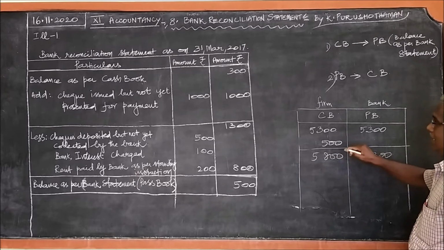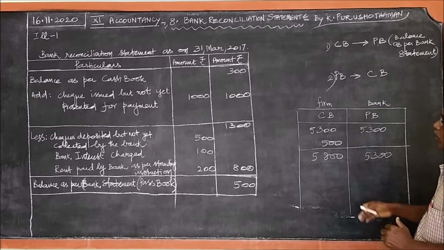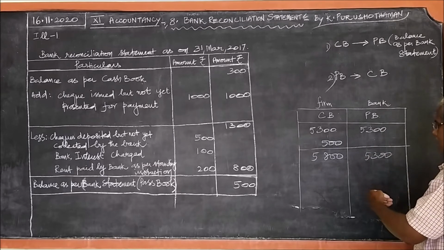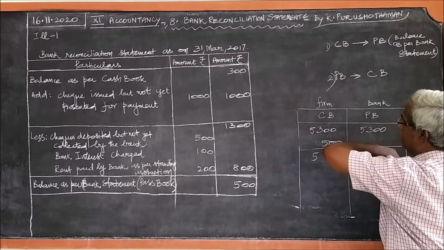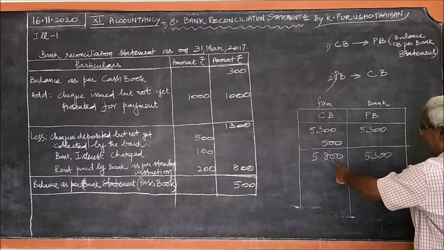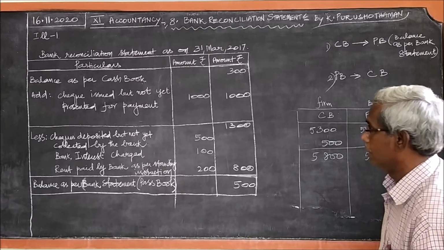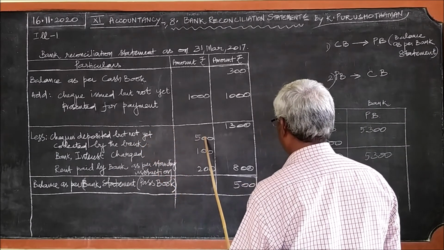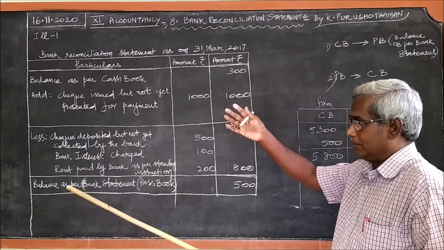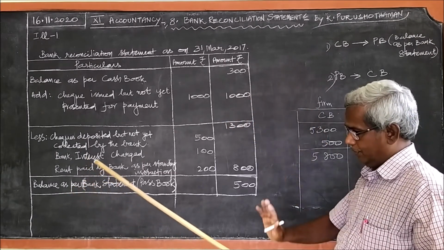So here the rule is, starting from the cash book balance, if the balance in the cash book is more, we reduce it, and if it is less, we increase it. Here in the first point it was less, therefore we added it. Here it has been increased, therefore we minus, less. If the balance is increased because of the transaction, less.